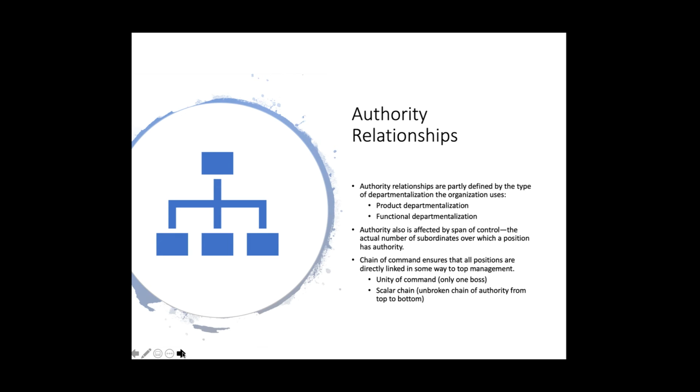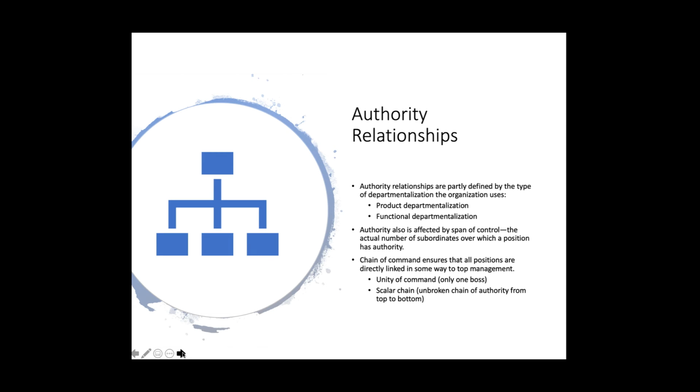And finally, chain of command is something we have to keep in mind when we talk about authority relationships. The chain of command ensures that all positions are directly linked in some way to top management. And that really breaks down into 2 different principles. One principle is called the unity of command. What does unity of command refer to? It refers to the principle that when you develop your authority relationships, your org chart, every single person in the organization has one and only one boss.